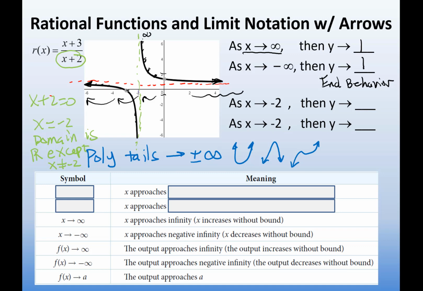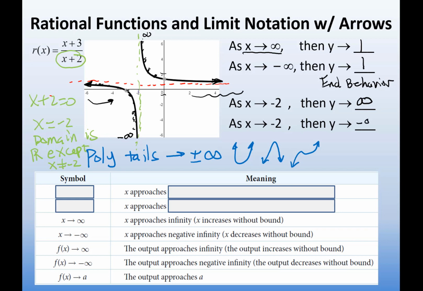So as x approaches -2, y is going to infinity. But wait, on the other side, something different is happening. If I approach -2 going this way, the y's are going down, down, down. So the y numbers are going down to -infinity.